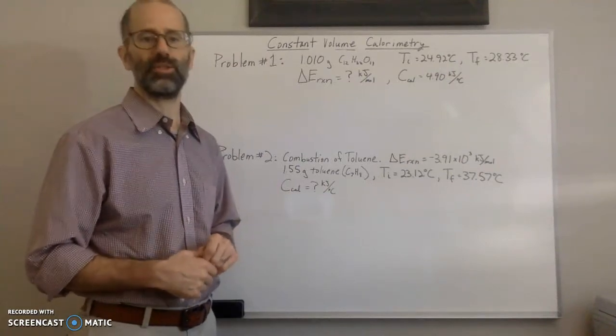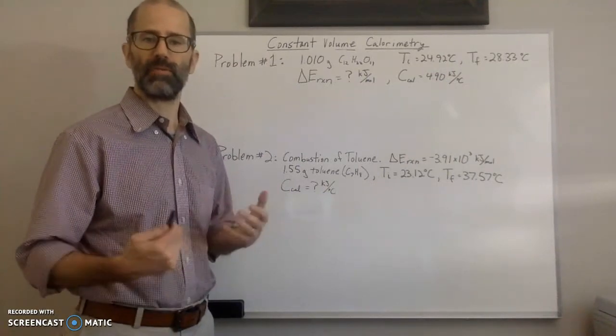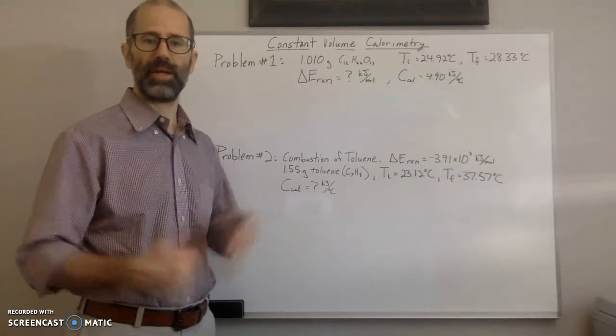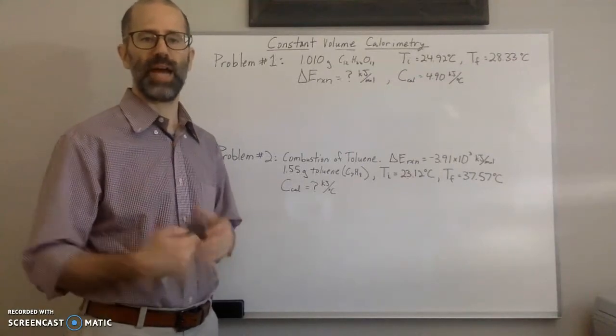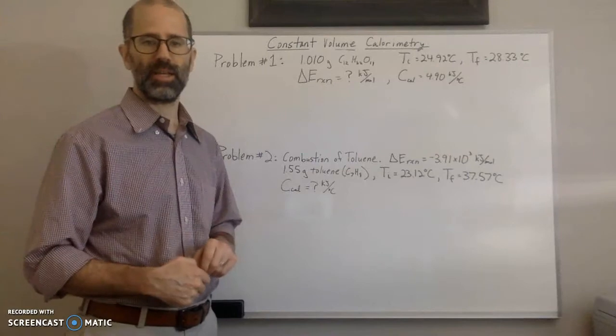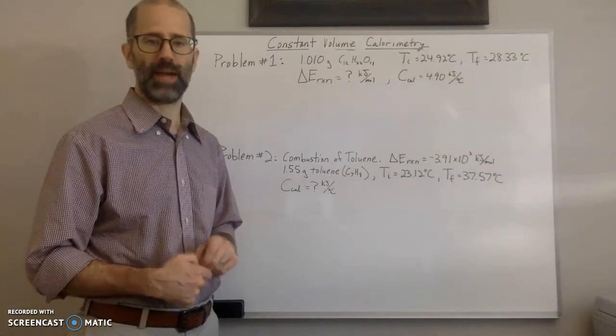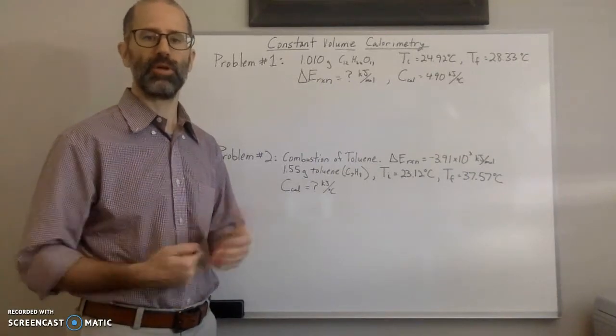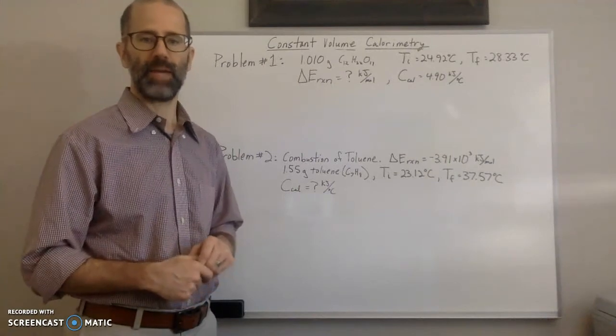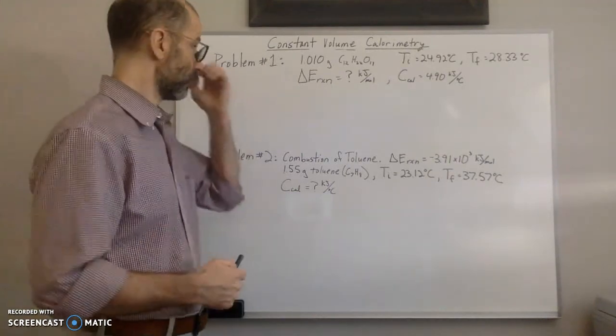So all we need to do is find the amount of heat absorbed by the calorimeter, and that is going to be equal to but opposite to the heat emitted by the reaction that's being combusted or burned in the bomb calorimeter. And so let's look at the first problem.